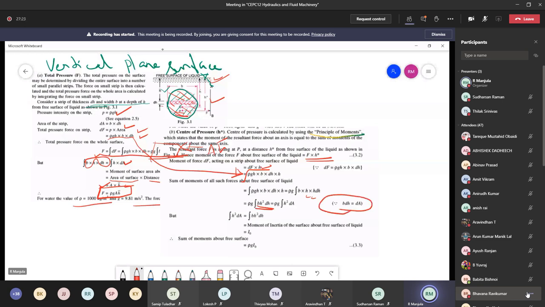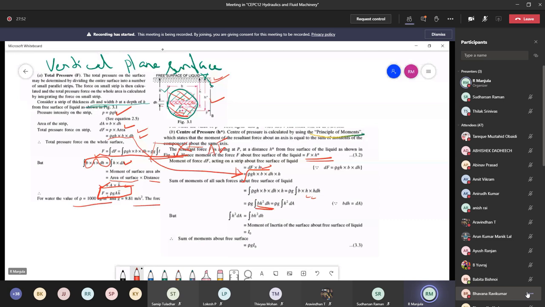So the integral of H square into dA is nothing but the integral of b H square dH.